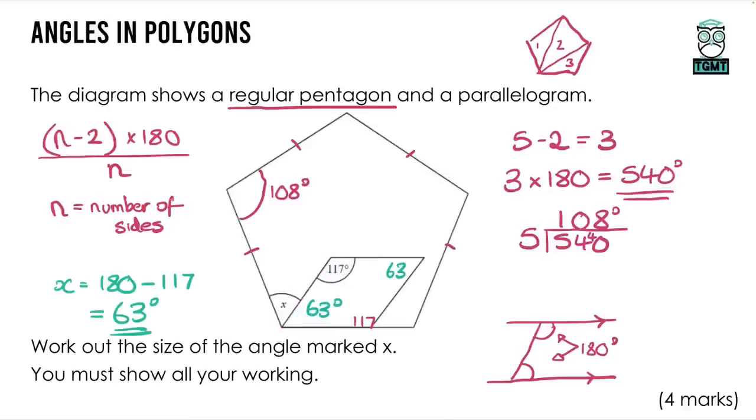We know the total is 108, and we know up to the edge of the parallelogram is 63. So to work out this final piece, we can do the total angle, 108, take away the 63, and that leaves us with 45 degrees.